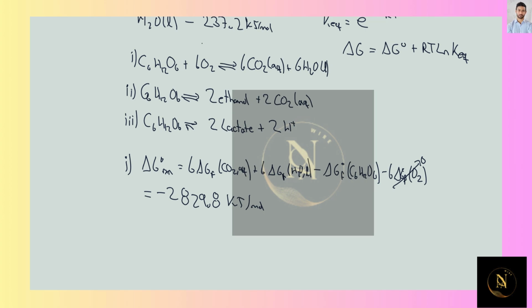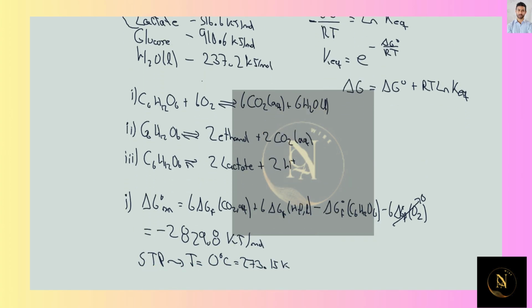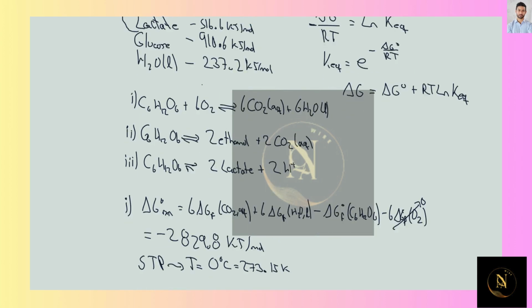So now remember that at standard temperature and pressure conditions, the temperature is equal to 0 degrees Celsius, which is equal to 273.15 Kelvin. So that is the temperature that we need to use in the calculation for the equilibrium constant.